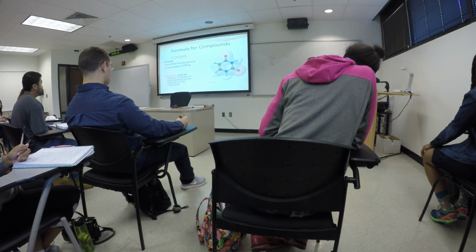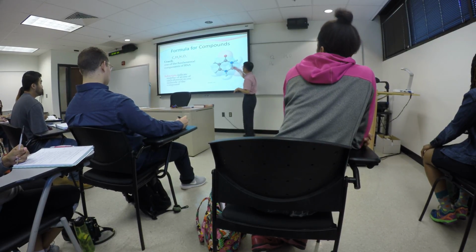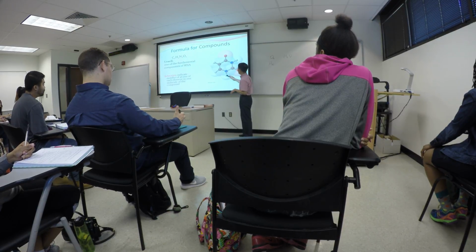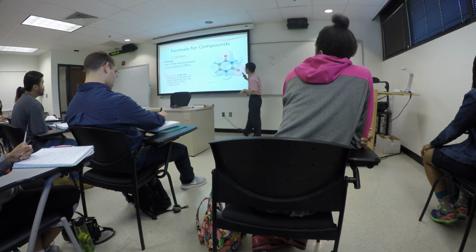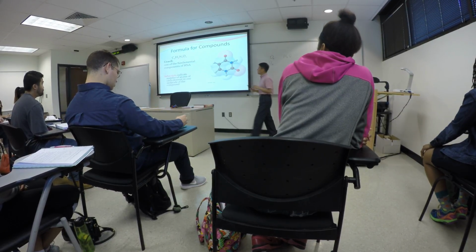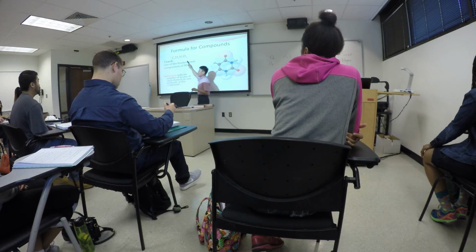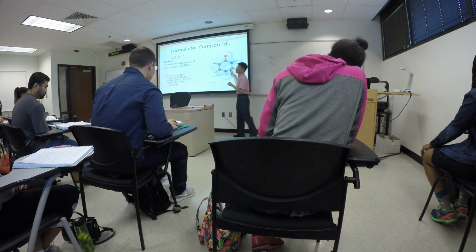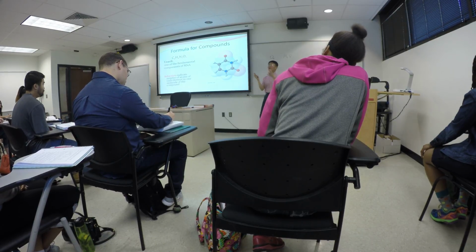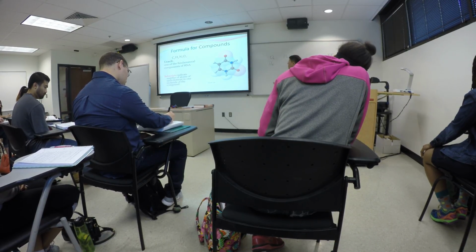So structure-wise, if you have the uracil, you can see these are the 4 carbons. You have the white balls representing the hydrogen, and then you have the blue balls representing the nitrogen, the red balls representing oxygen. So this is a formula of the compound. This is what we call a structural formula. The structural formula actually gives you the actual connections among the different atoms, how they're connected to one another.